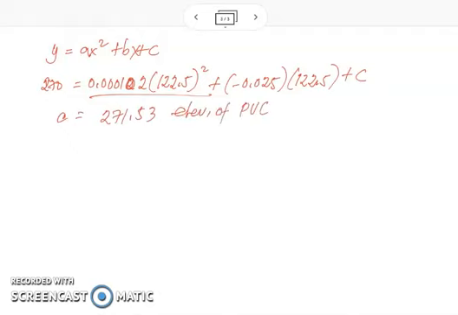So from here, since we have now the station of the lowest point, which is 141 plus 00, and the distance from PVC to the lowest point is 122.5 feet, we can have now the station.